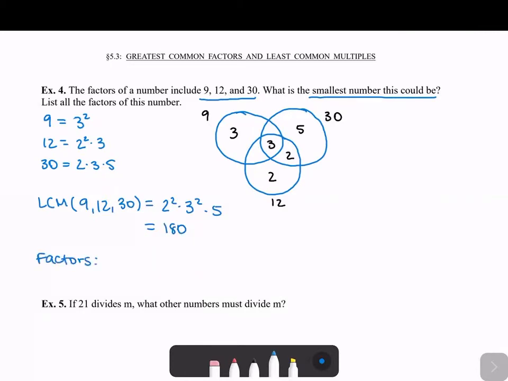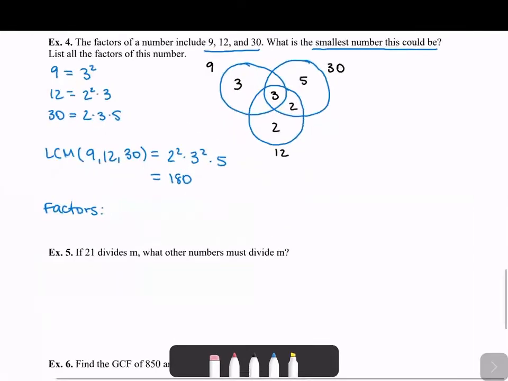So we can do this in a number of ways. We can start off just by using the prime factorization. So we know that 1 is always a factor, and 2 and 3 are in the prime factorization.